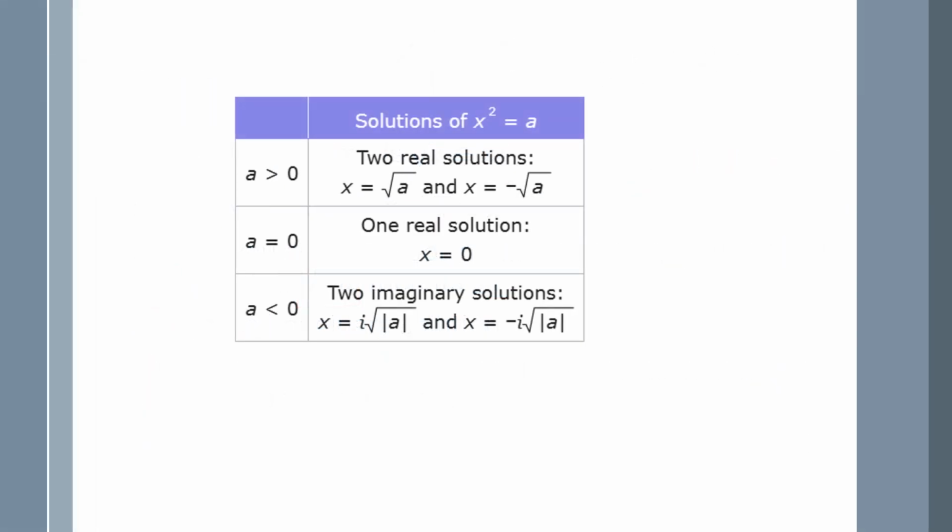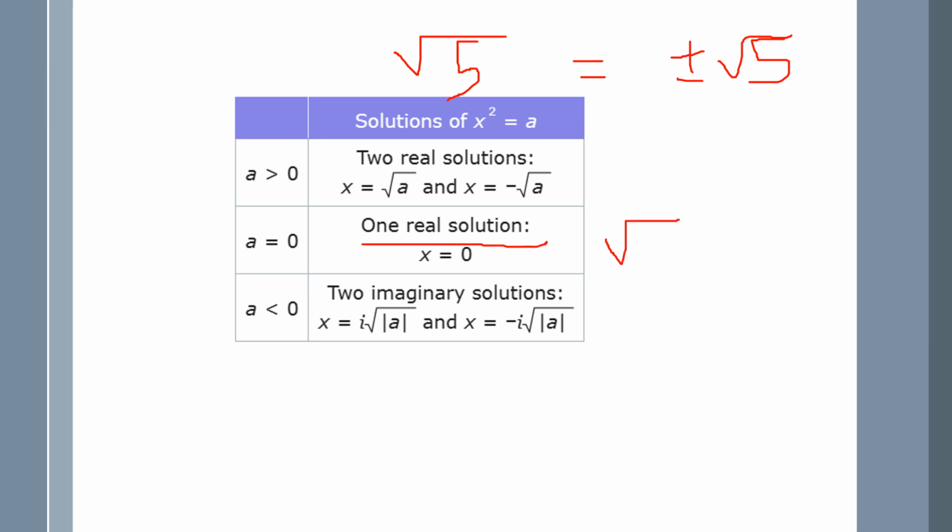Alright, so this is what's going on. These are specific details. So when you get to a square root, say the square root of 5, that is positive, right? So that means you're going to have 2 solutions, plus or minus the square root of 5. If you have 0 in the square root, that means you only have 1 solution.